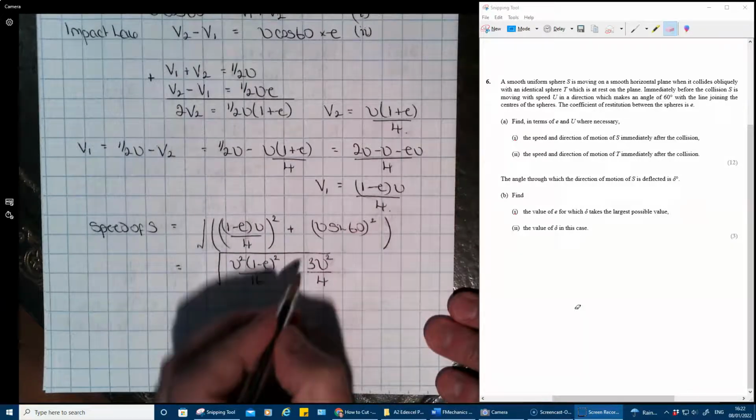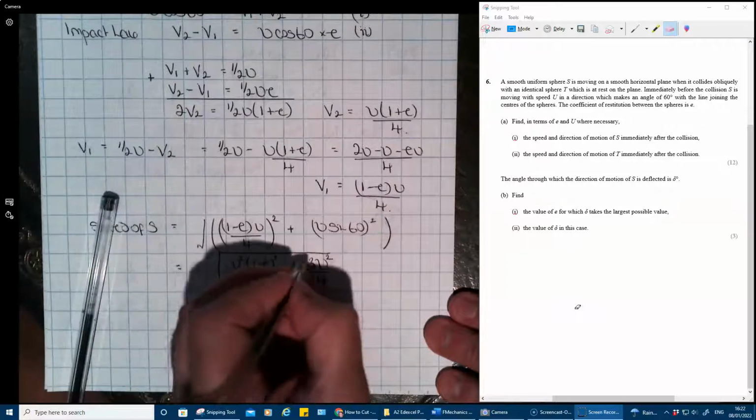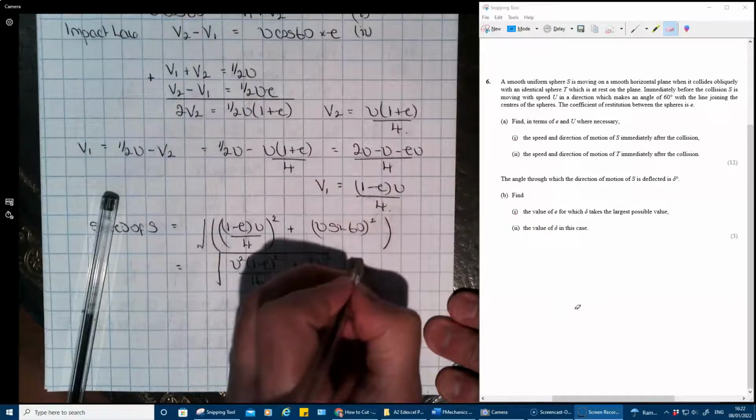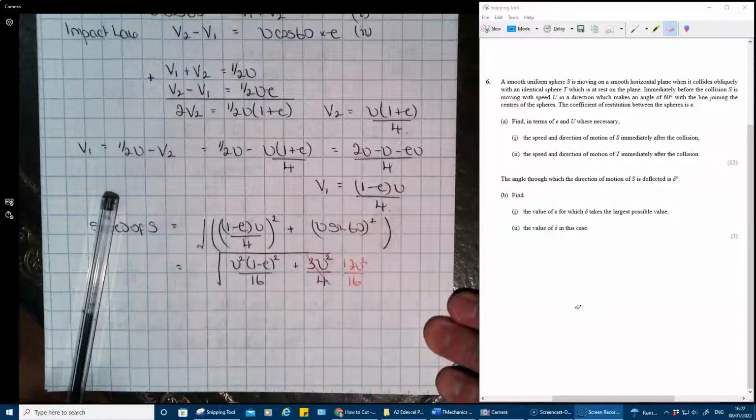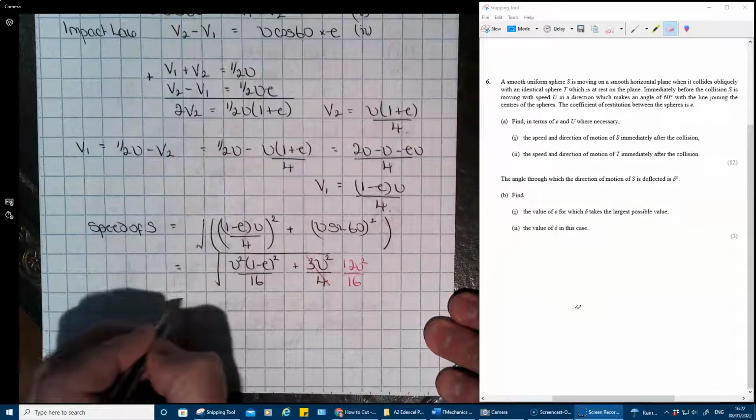Now we're going to make this into 12u squared over 16, so I'm going to replace that with 12u squared over 16, and now we're going to take u squared over 16 out of the square root bracket.